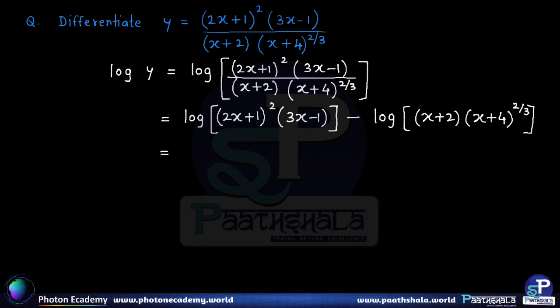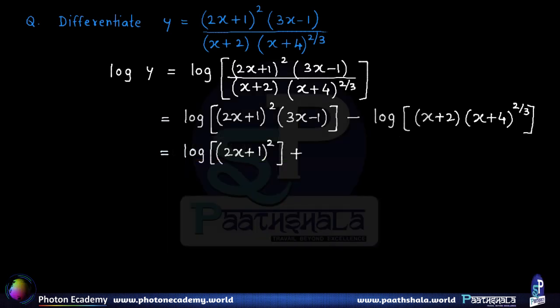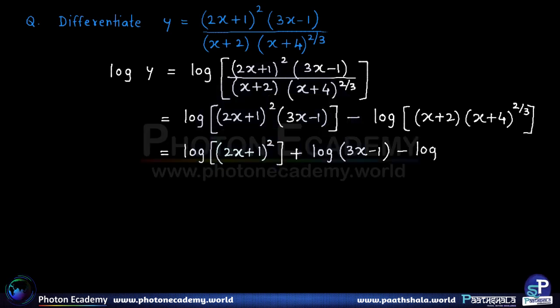And splitting that further, we see that log is the product of two functions. So therefore we know that the log of a product is the addition of logs. So here we have log of (2x plus 1) whole squared plus log of (3x minus 1) minus, now in the second term also we will split the log as addition of two logs, but since we have the minus sign outside, we will have both of the log terms as negative terms.